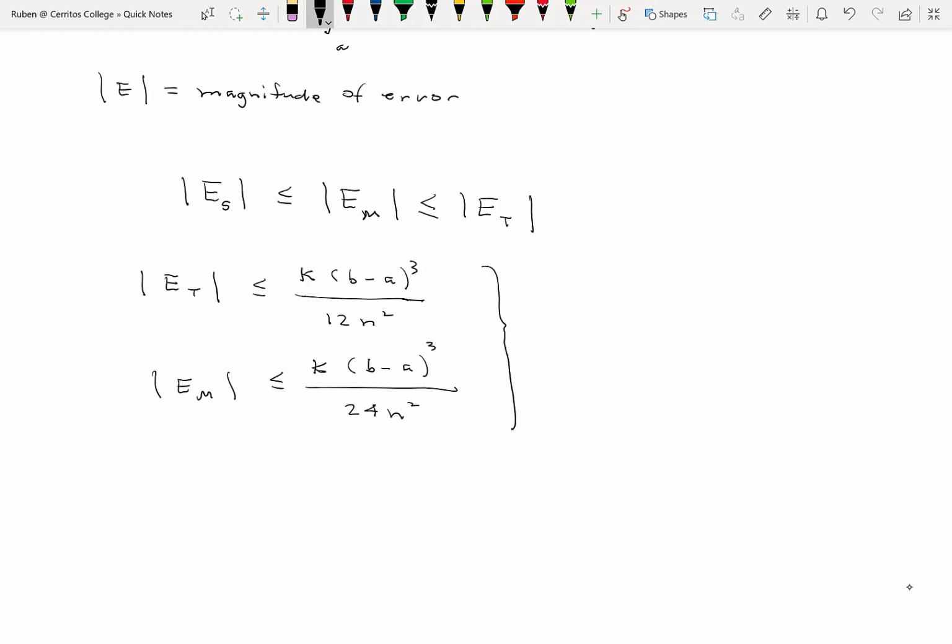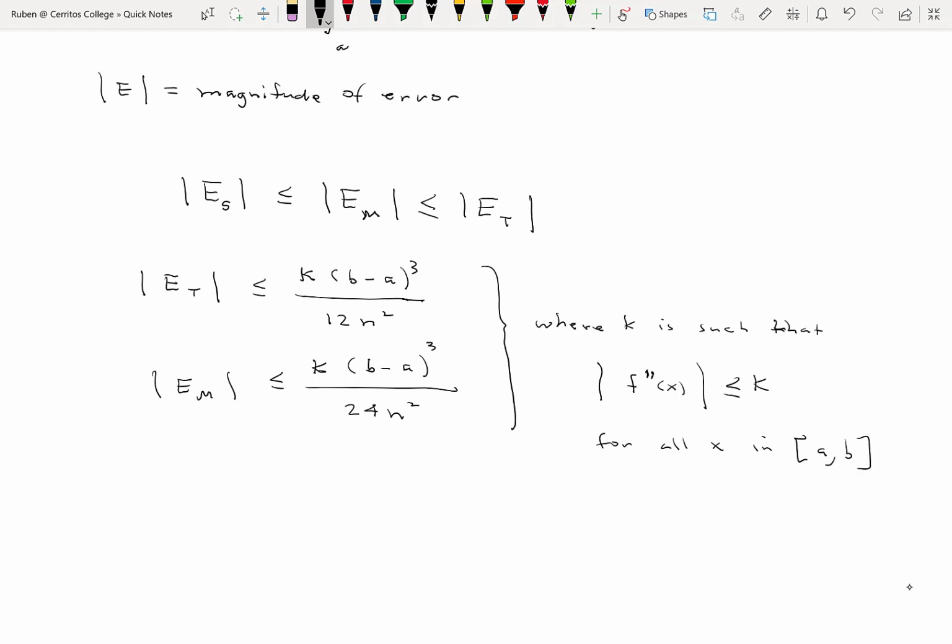So I'll tell you. The constant k is a number such that the absolute value of the second derivative of the function that you're integrating is no bigger than that k for all x in the interval from a to b.